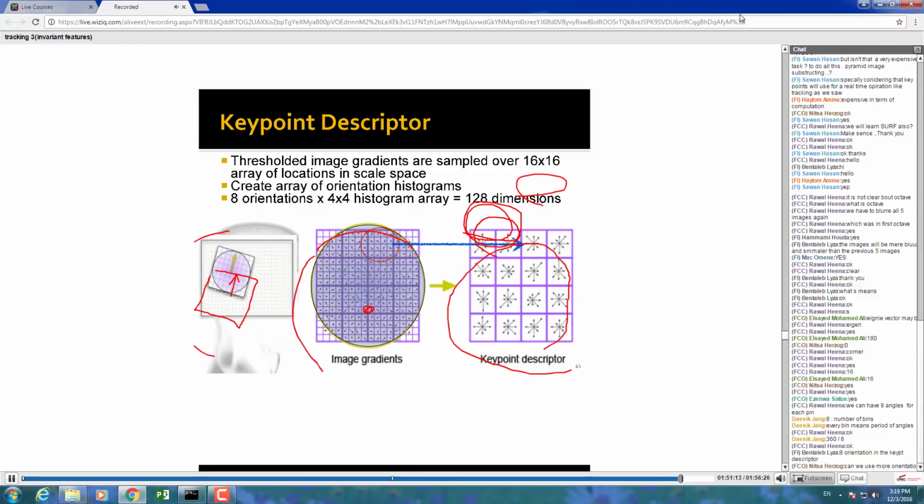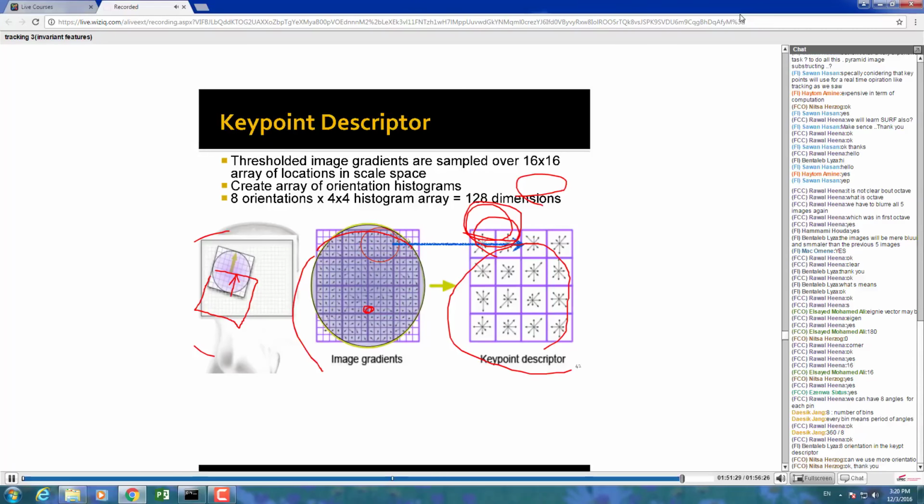So your question is, can we use more orientations? Yes. But if you are using a standard library or the standard code, this is their implementation. They found out this is the best kind of configuration. But you still can, if you are implementing by yourself, use more orientations like 10 or 12 or 16.